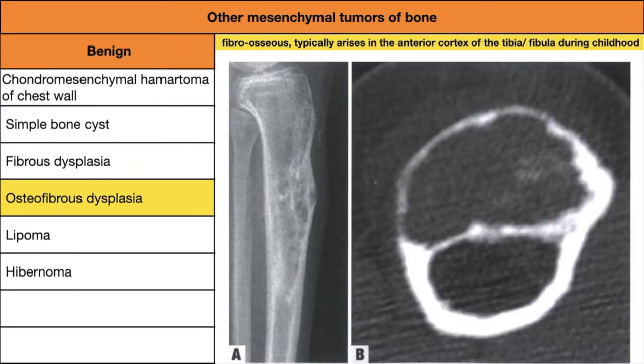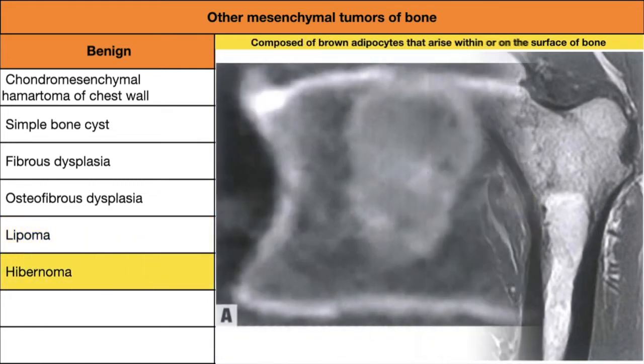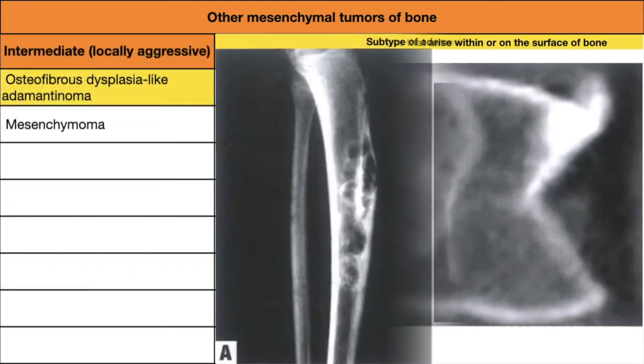Osteofibrous dysplasia are benign other mesenchymal tumors of the bone. They are fibro-osseous, typically arising in the anterior cortex of the tibia or fibula during childhood. Lipoma are composed of white adipocytes that arise within or on the surface of the bone. Hibernoma are composed of brown adipocytes that arise within or on the surface of the bone.